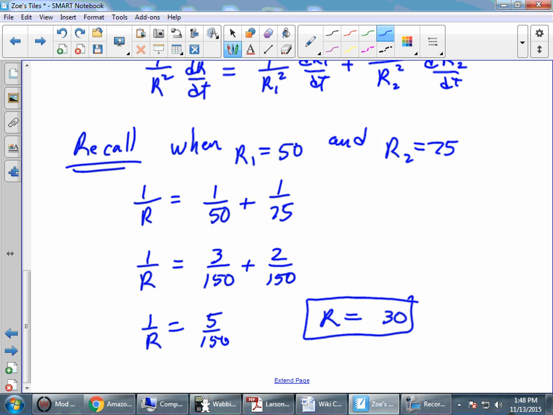But we're not ready for that yet. 1 over 30 is the same as 5 over 150.